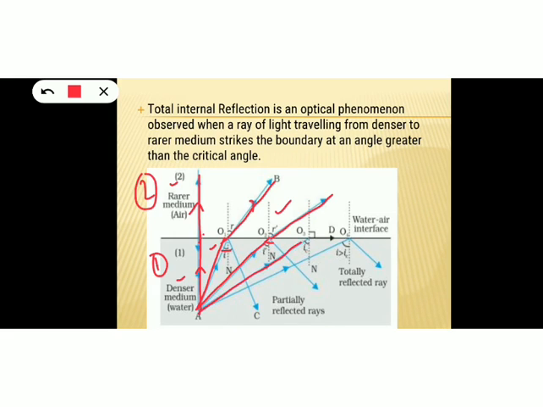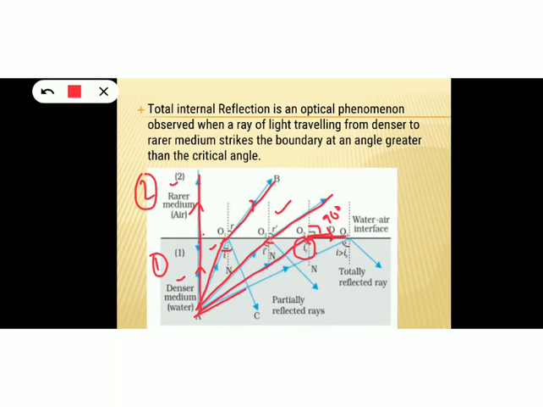Again the angle of incidence is increased, and we can see the refracted ray grazes along the surface like this. What is the angle of refraction? This is the angle of refraction, 90 degrees. This is the angle of incidence for which the angle of refraction becomes equal to 90 degrees, and this angle is known as the critical angle.